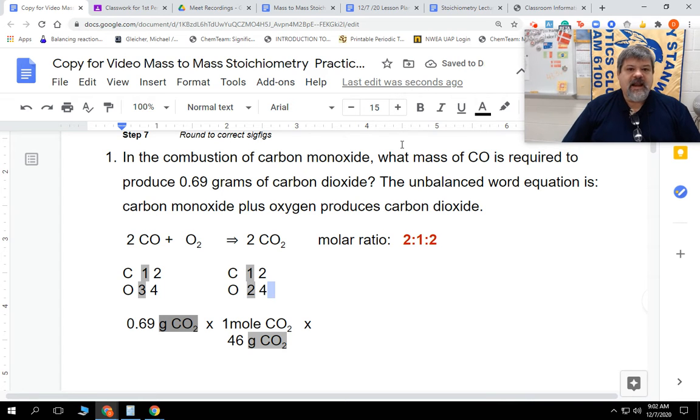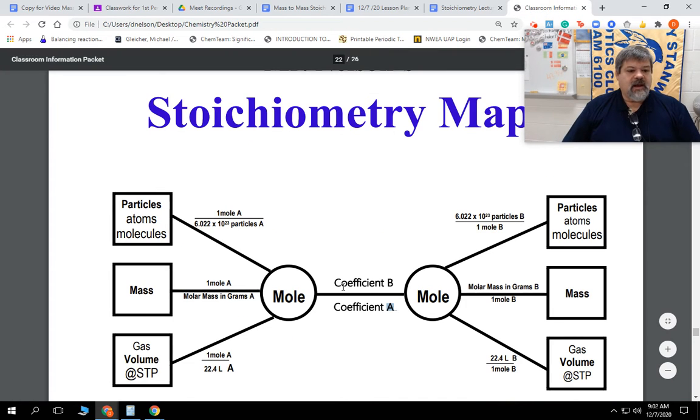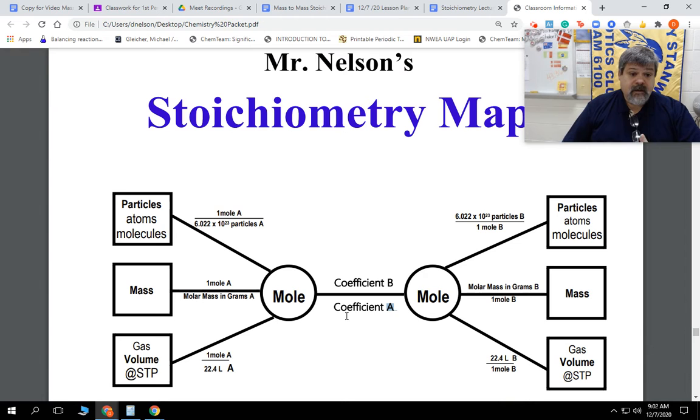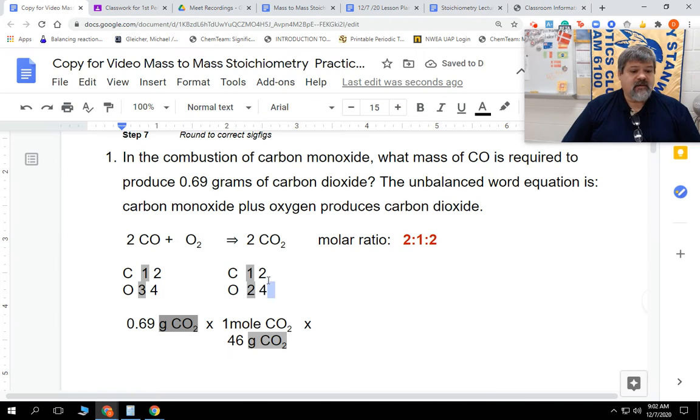We're left with moles. Now we have to go back to our stoichiometry map, and now we have to do our molar ratio right here. So we put the coefficient with the compound A that we started with on bottom. And there's a reason why, because we have to get rid of that A. So if I go back to the question, I have moles of carbon dioxide here. So we're going to put moles of carbon dioxide down here, but it's going to be 2 moles, because that's what I have, 2 moles of carbon dioxide.